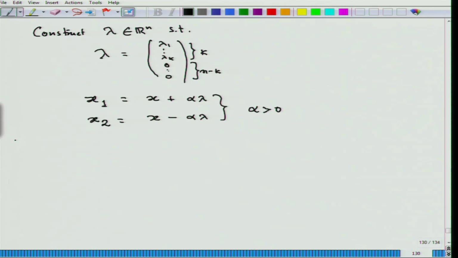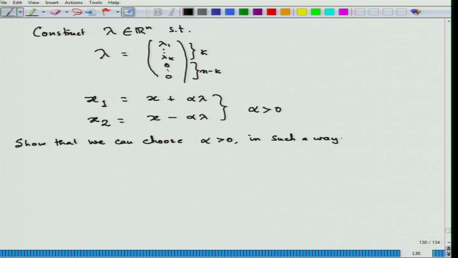As homework, you show that we can choose alpha greater than 0 in such a way that x1 is greater than or equal to 0, x2 is greater than or equal to 0.